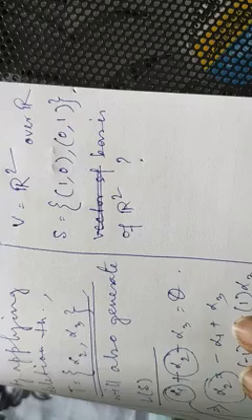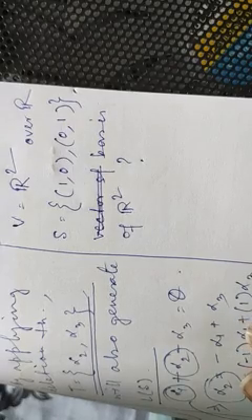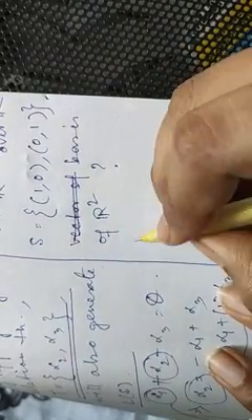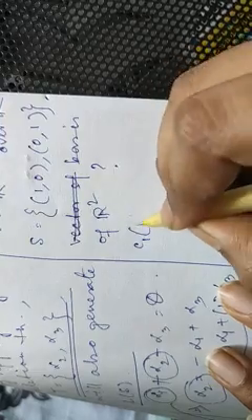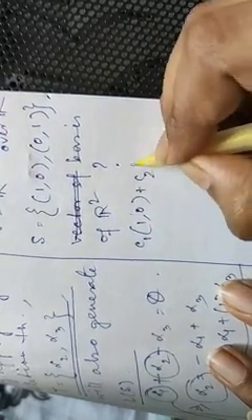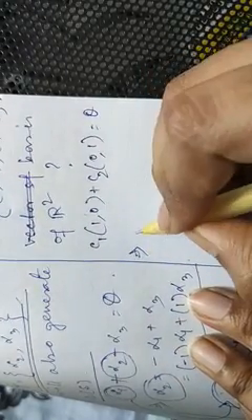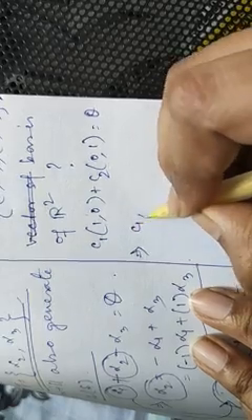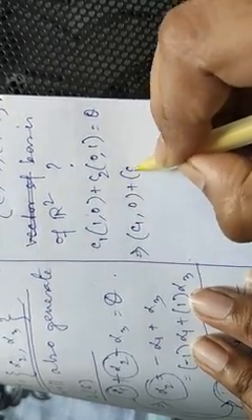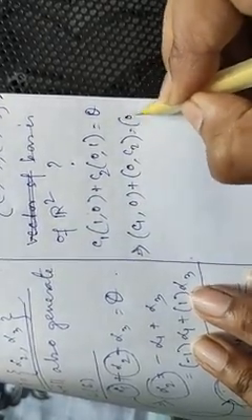At first we need to check whether this becomes linearly independent or not. So for that reason, let C1 times the first vector plus C2 times the second vector equals theta. That is, from here we can write (C1, 0) plus (0, C2) equals (0, 0).